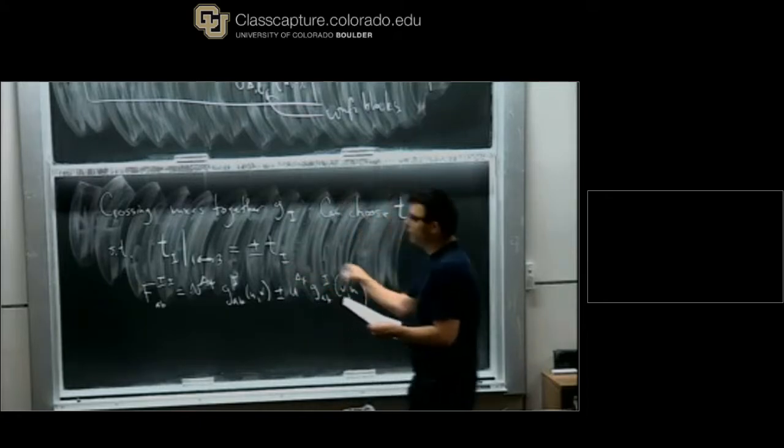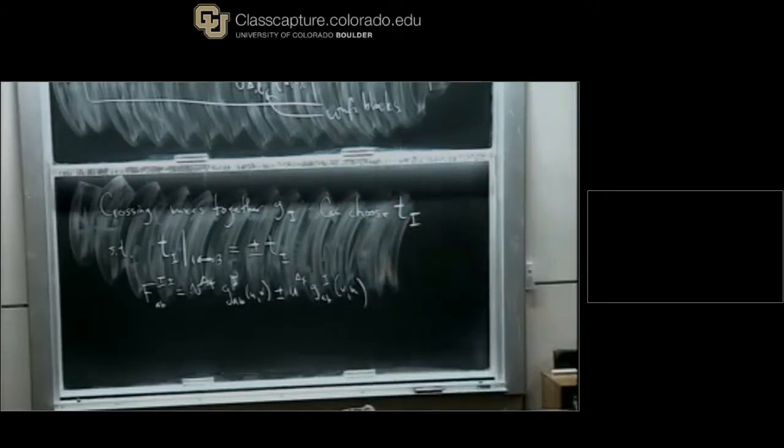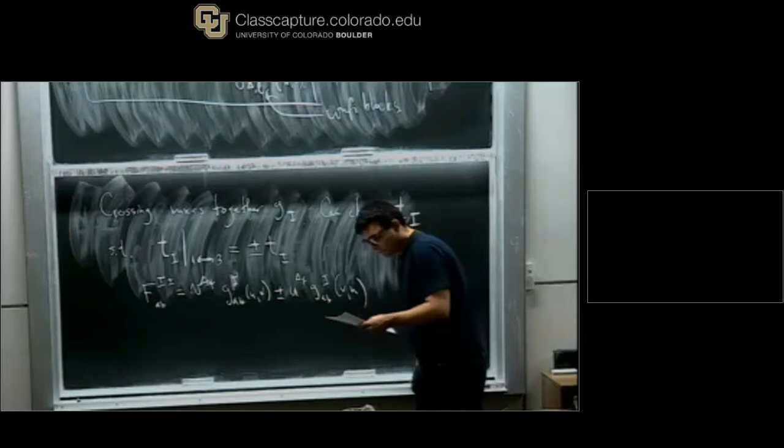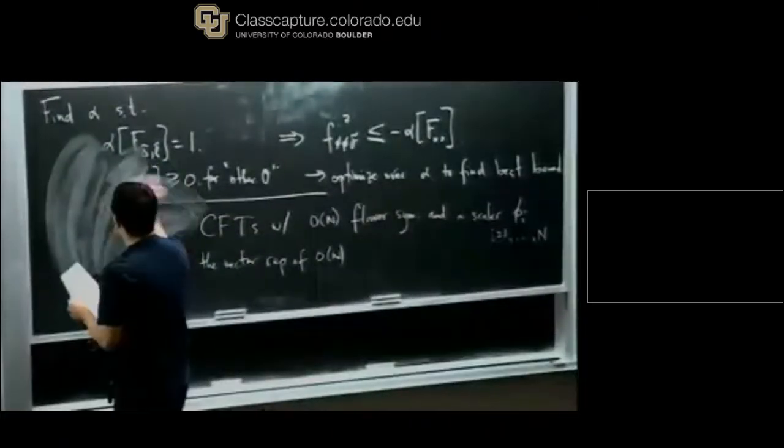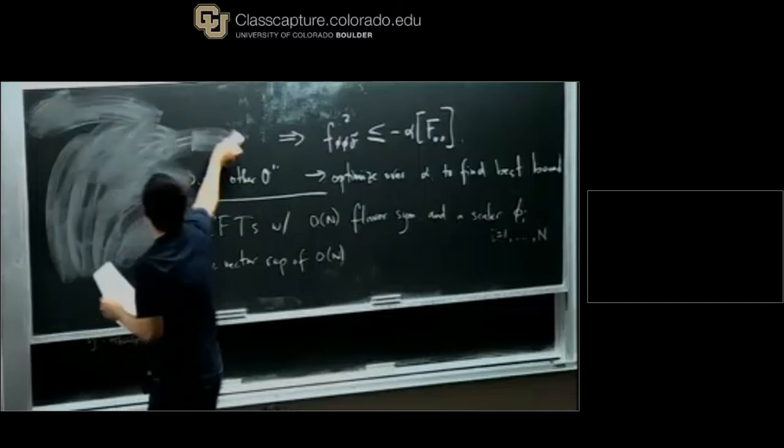So this is the analog of this F function, which was G of UV minus G of VU. One can write down the crossing equation in terms of these functions. And the crossing equation, I'm just going to write it schematically just so that you see what it looks like. And then I'll tell you what one can find using this.